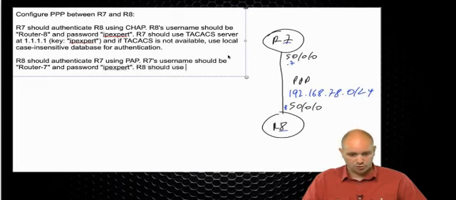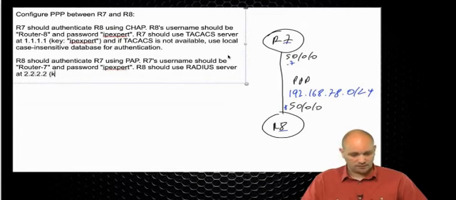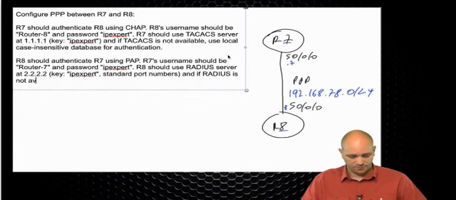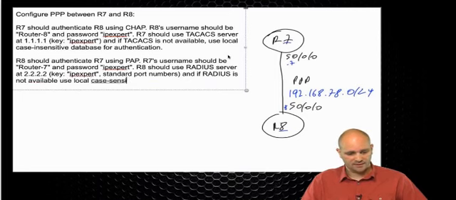R8 should use RADIUS server at 2.2.2.2 key IP expert, standard port numbers, and if RADIUS is not available, use local case sensitive database for authentication.